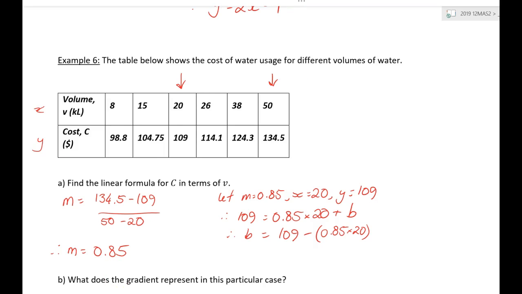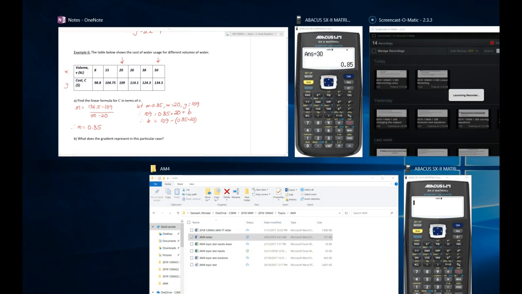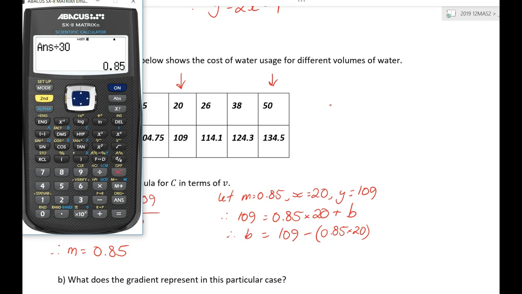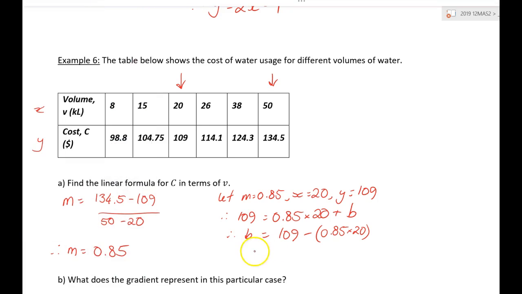It really is just one of those days where I don't want to do it. Look at that, 2 calculators going. So 109 minus 17 equals 92. So there we go. And a quick inspection, does that look like that's going to be about right? Well, if we kept going down here till we got to a 0, it's not crazy.